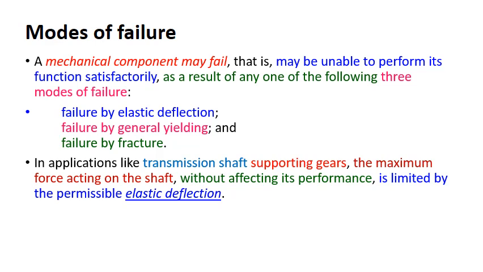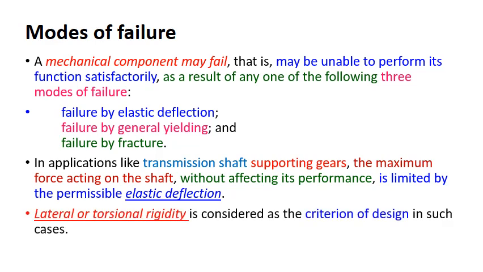Well, if such is the requirement, what is the physical property or mechanical property we should look into? See, we looked into previous slides at various mechanical properties. Can you guess what is the mechanical property that we must look into now? It is actually lateral rigidity or torsional rigidity. We must look into that as the design criterion. That is GJ, right?